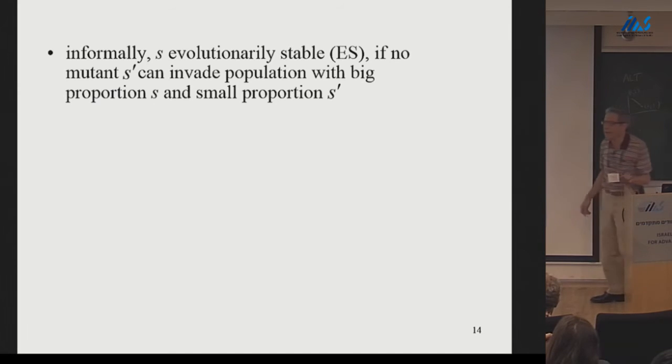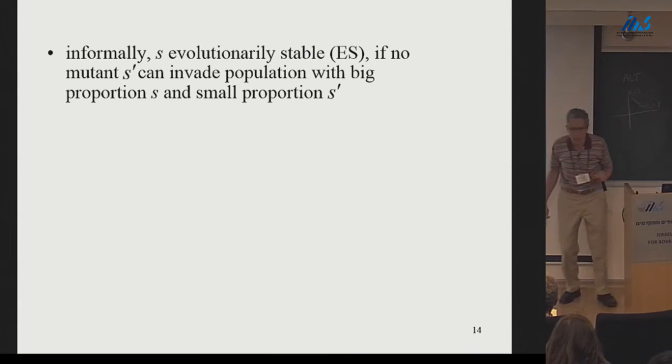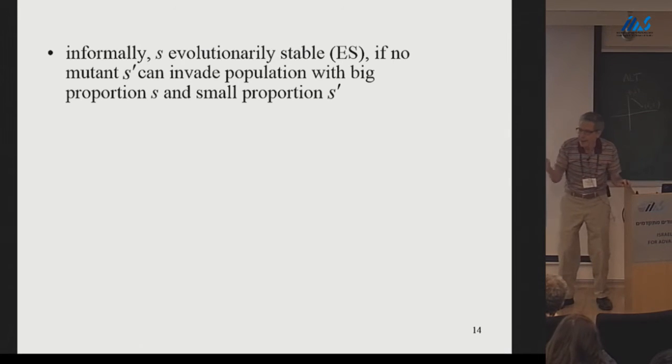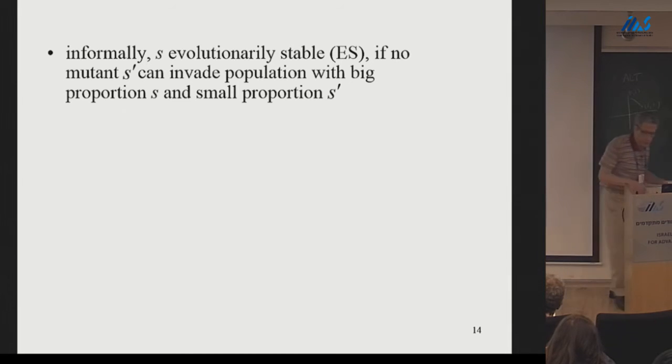I've already talked about evolutionary stability informally, and it's just the idea that if we have a large population, if most of the population is playing S, no mutants can successfully invade, which means no mutants can get an expected payoff which is higher against the mixed population than the prevailing strategy can get against that population.